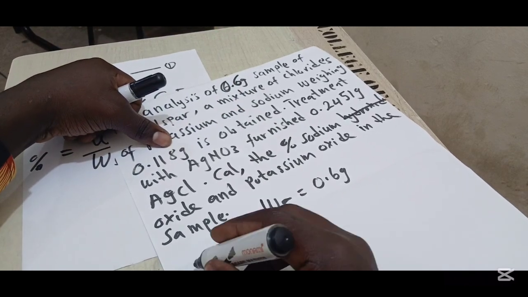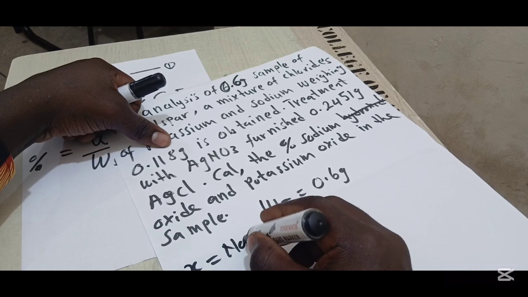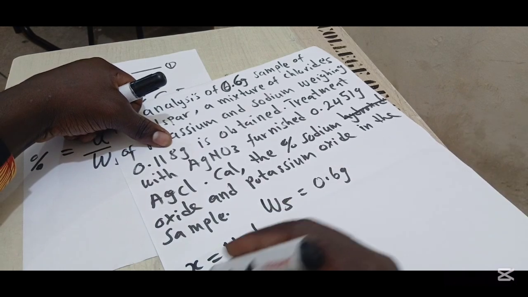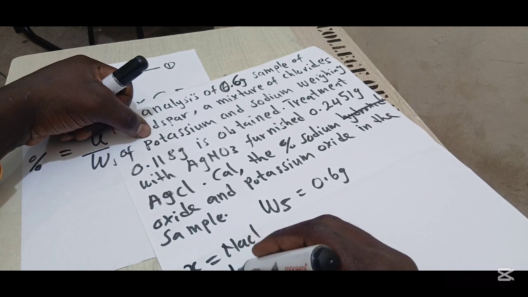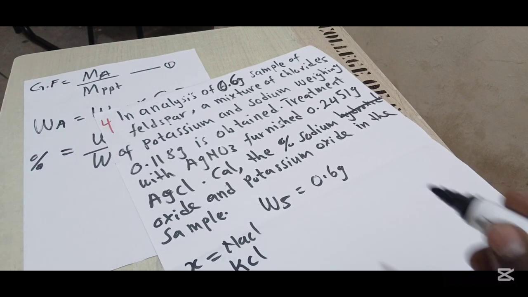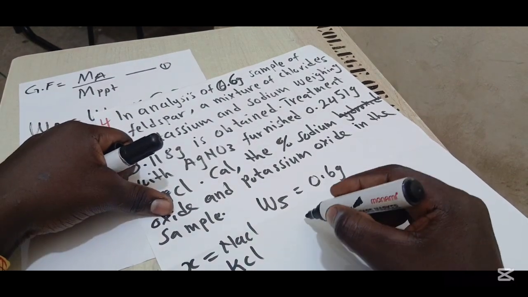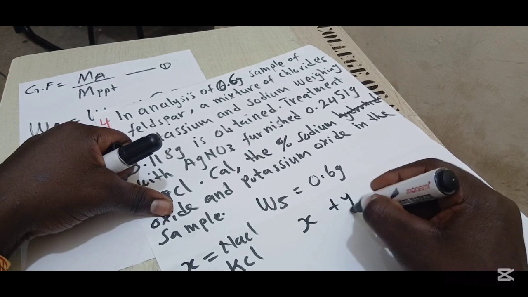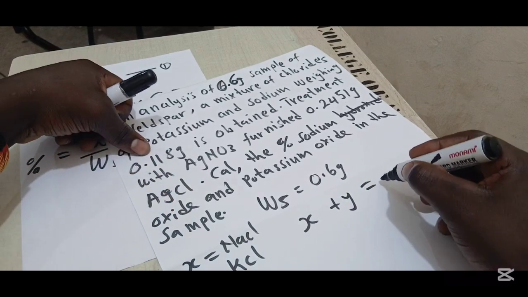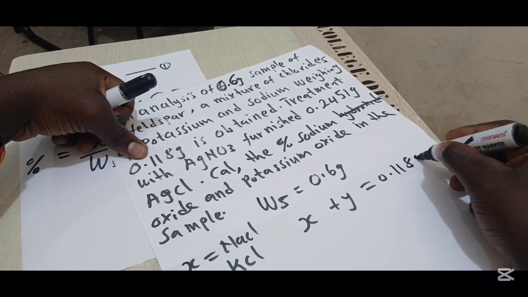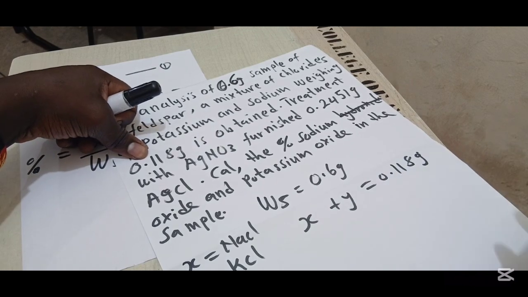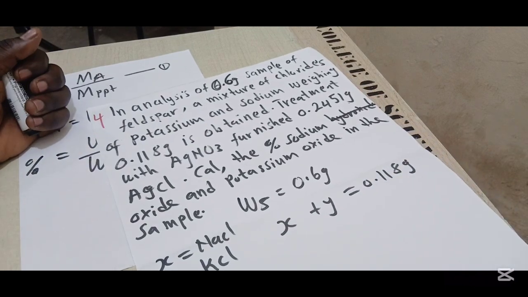So let's say our X should be sodium chloride and then our Y to be potassium chloride. So we can then go ahead and say our X plus Y gives us 0.118 grams. Anytime you see a question like this, it's better you form equations and start solving.